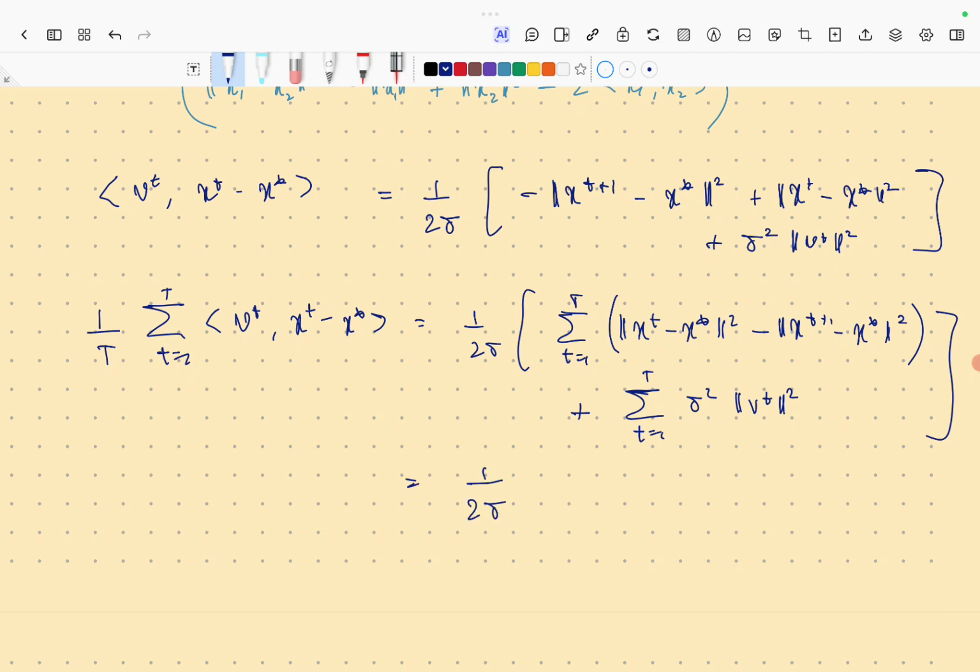So this is equal to 1 by 2 delta times norm x1, whatever, x1 minus, okay, perhaps I should have done this from t equal to 0 to capital T minus 1.